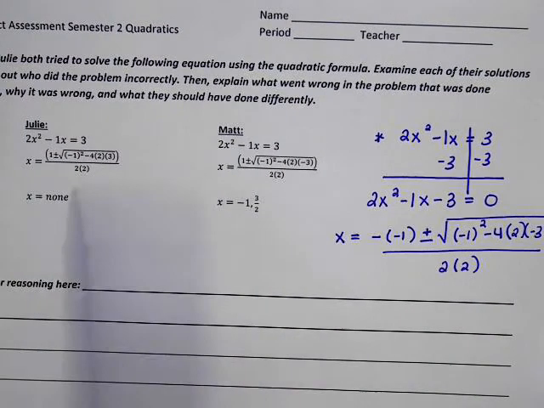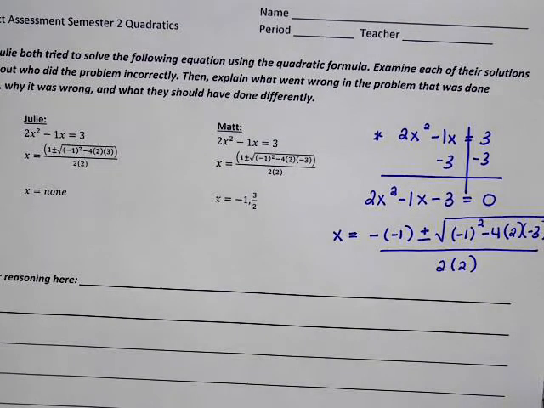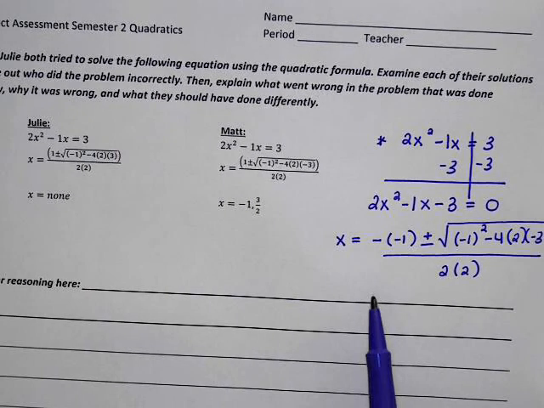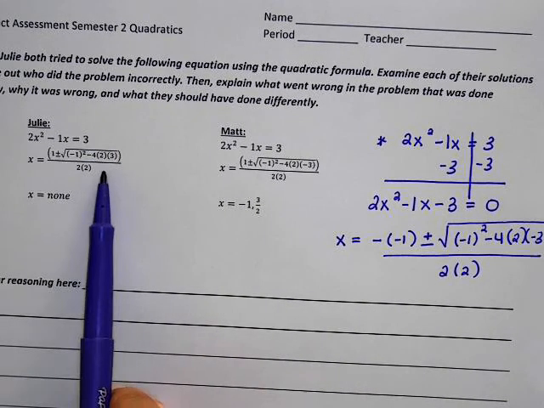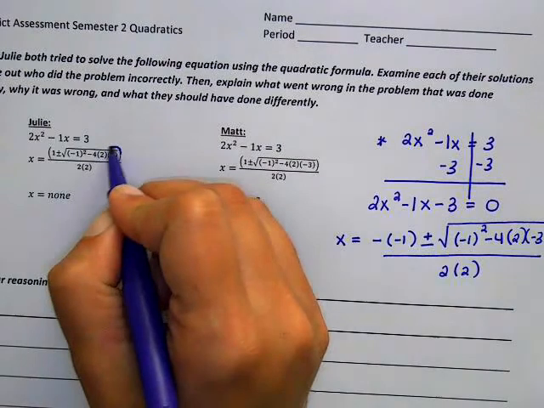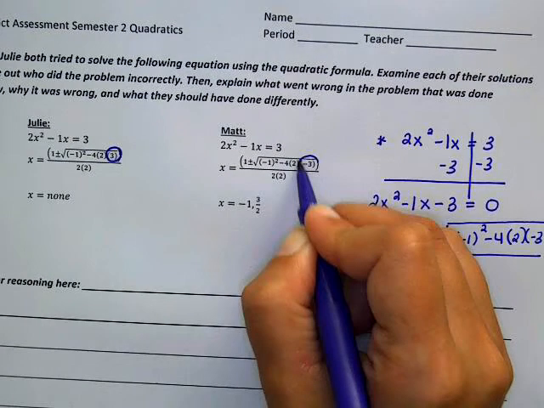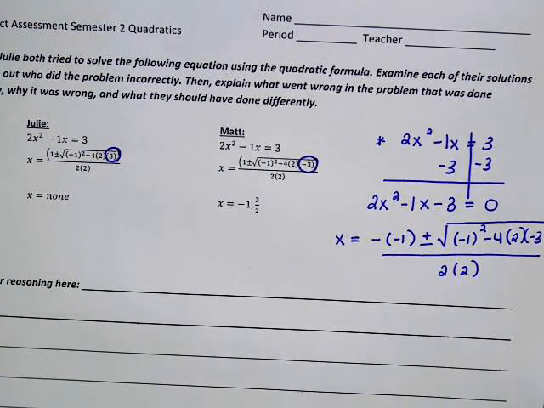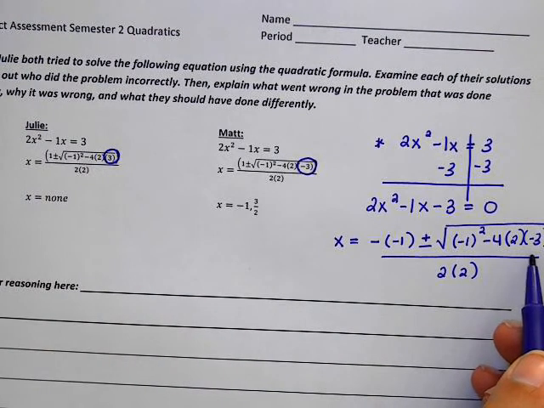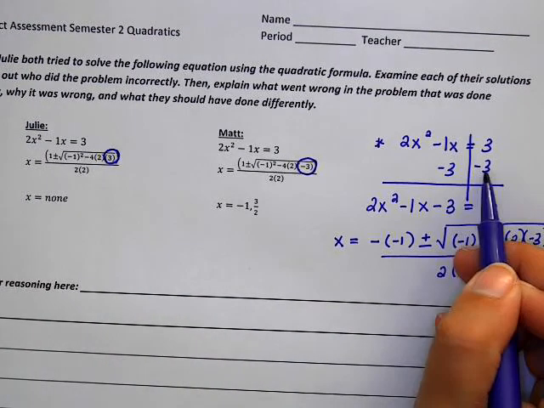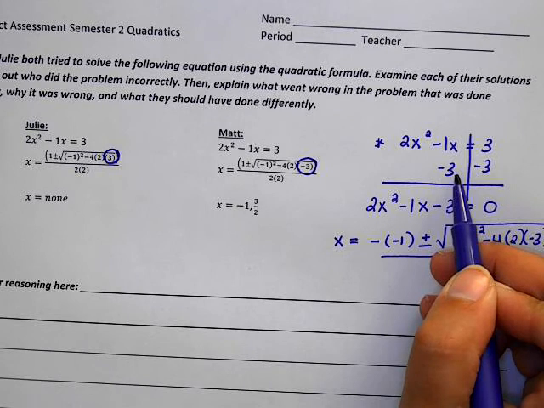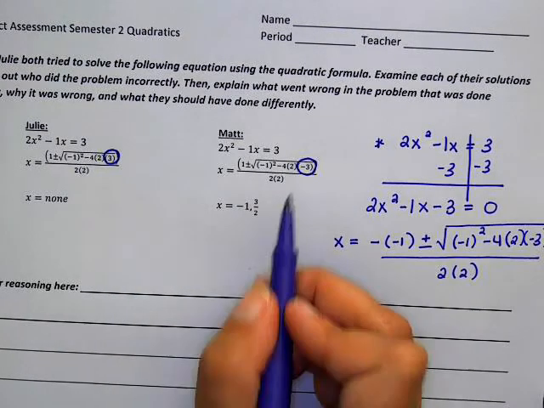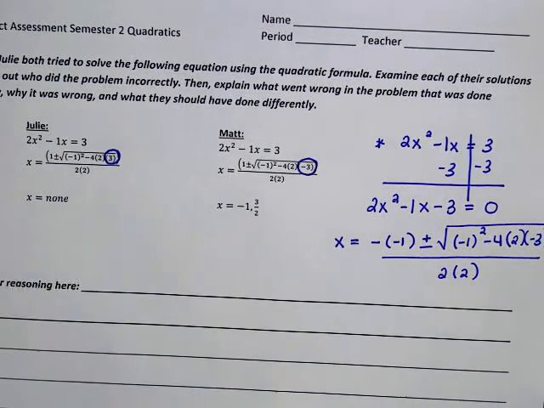Now which of these answers matches what I did? Because theoretically I should be able to do this the right way. Well, I'm noticing the only difference between this answer and this answer is that this answer has a positive 3 and this answer has a negative 3. It looks like my answer should have a negative 3 because when I subtracted the 3 on both sides, it became negative. So, based on that, I would say that Julie is wrong.